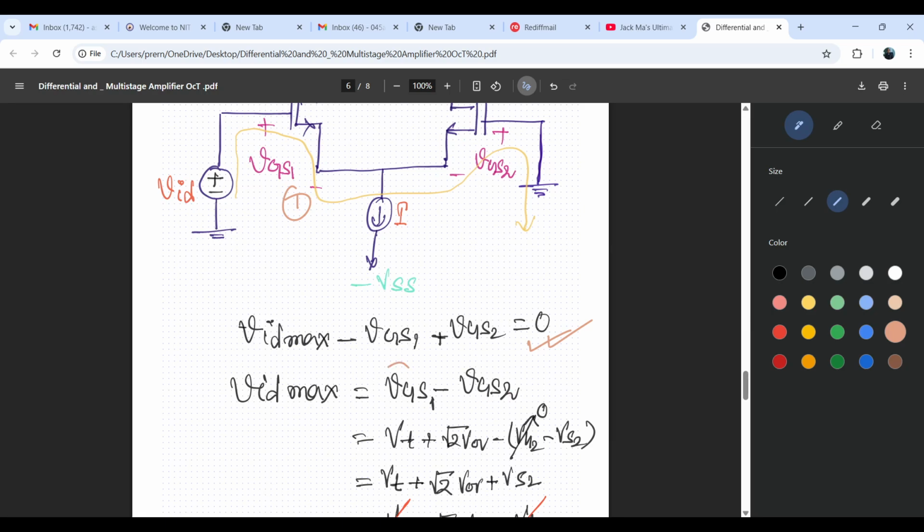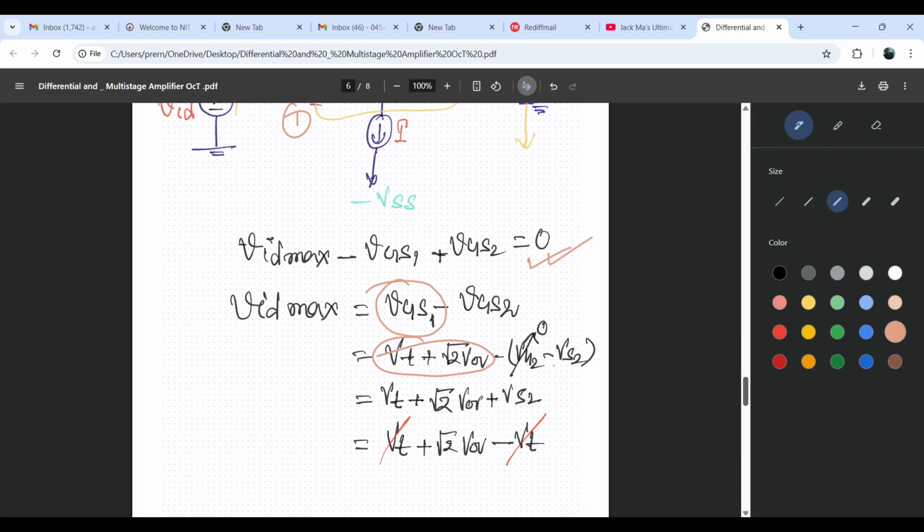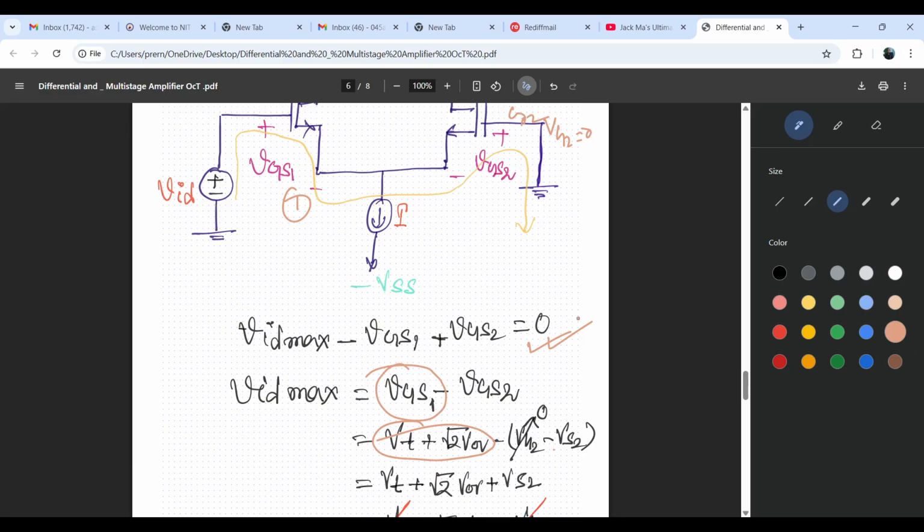VGS1 we have already calculated as Vt plus root 2 VOV, and VGS2 can be written as VG2 minus Vs. Now VG2 is grounded because the gate terminal of Q2 is grounded, and Vs is nothing but simply plus Vs. Initially we mentioned that when Vs equals minus Vt, the current will be 0.